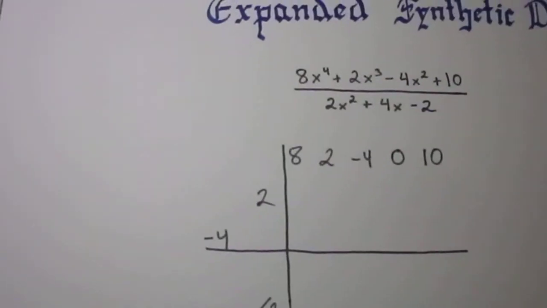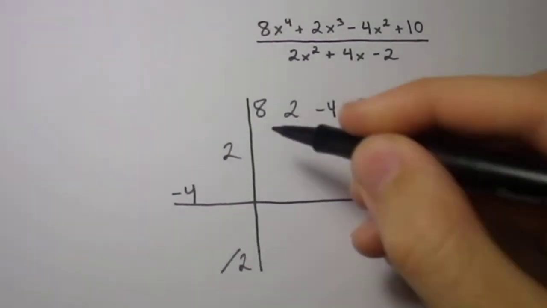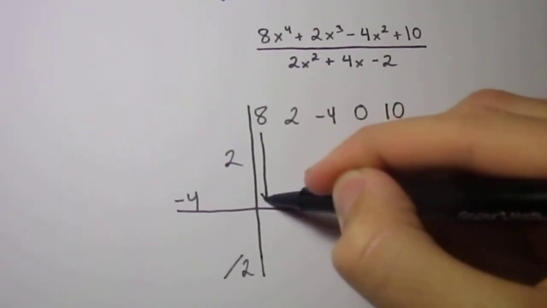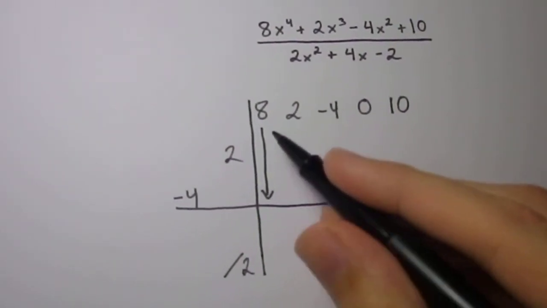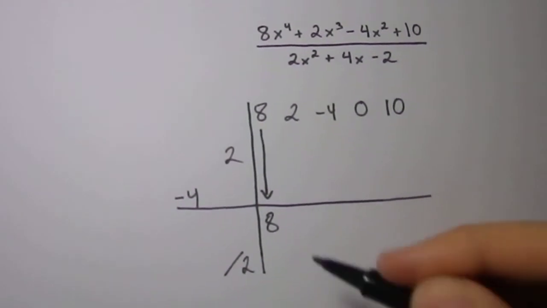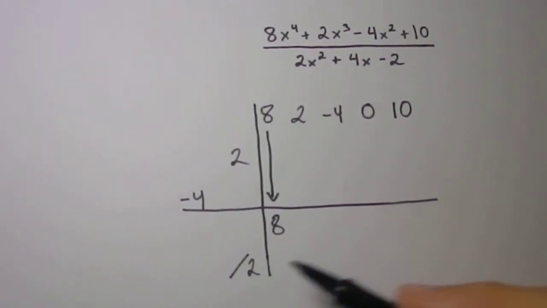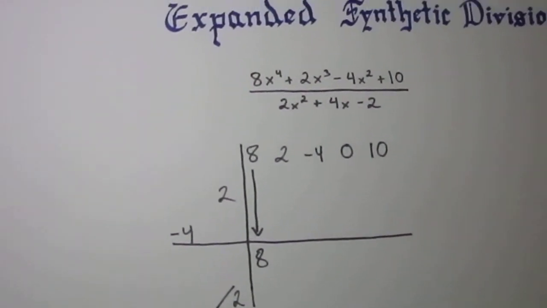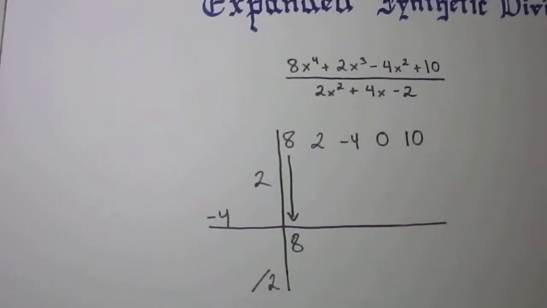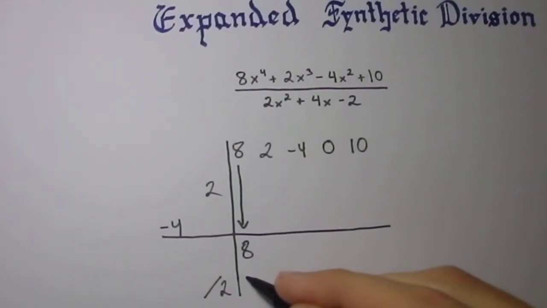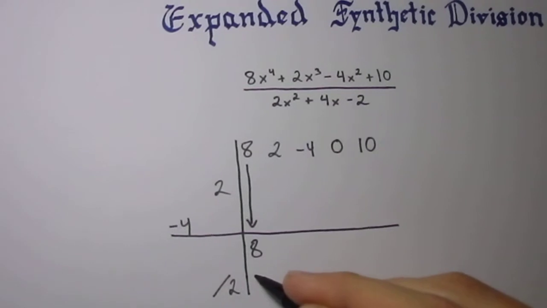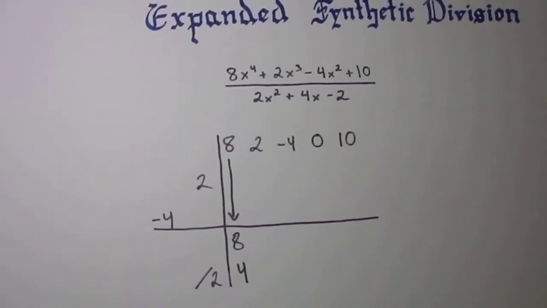Okay? And then what you would do is you would bring down this 8 and write it right here like in regular synthetic division. Now this 2 right here is going to be a 4, because 8 divided by 2 is 4.